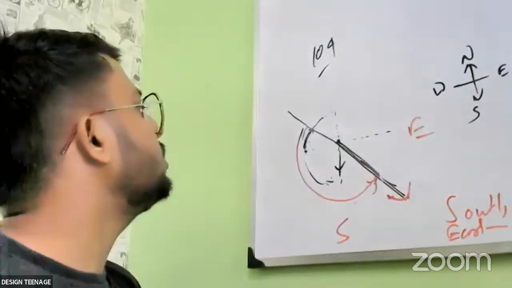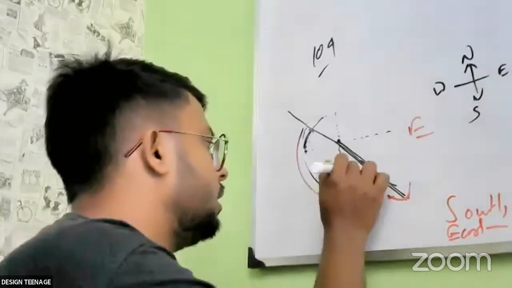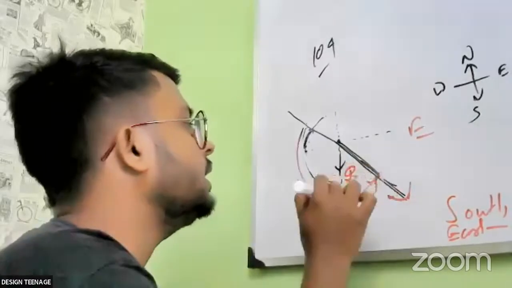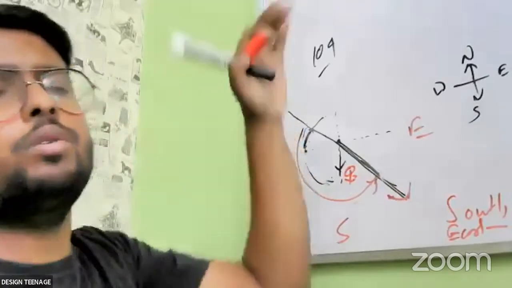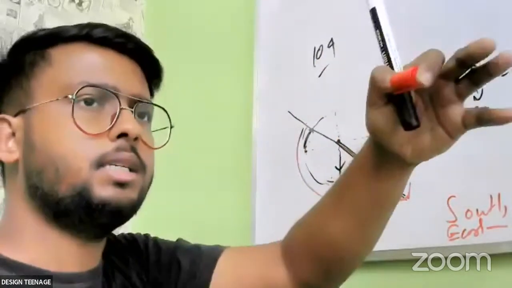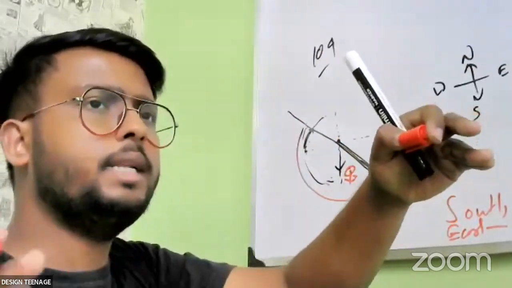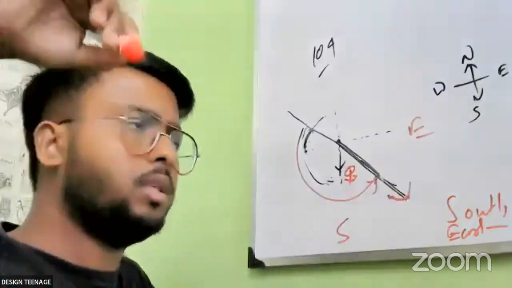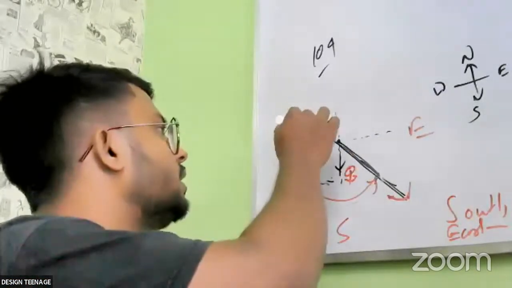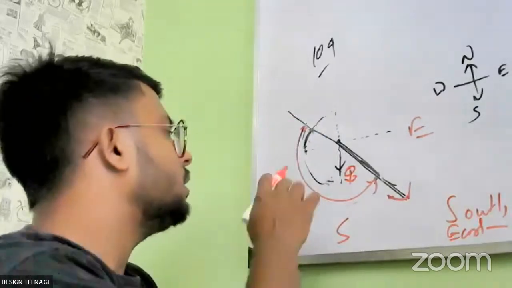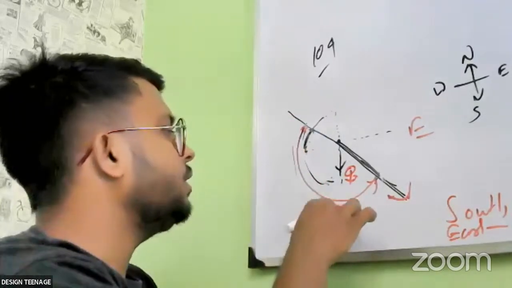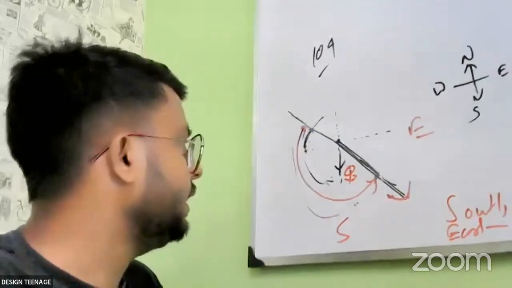Wait. Did I do something wrong? This person over here is clockwise. If he is standing as a human being facing towards south, that is north, left hand is east, right hand is west, and he is turning in his clockwise direction. Yeah, he is turning in this direction, 135 degrees over here. And after that, he is moving towards this direction, 180 degrees.